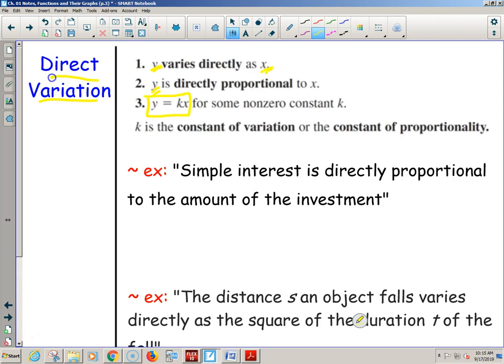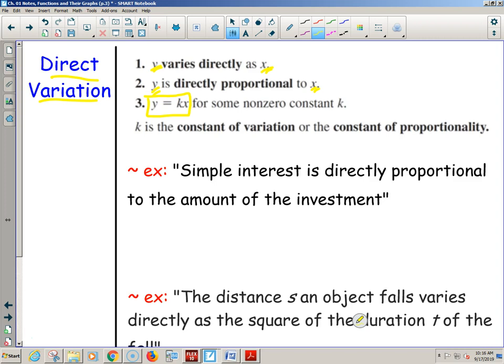Whatever's after the wording goes in the X spot with a little constant of proportionality K being multiplied. Direct variation, directly proportional to, directly varying to, varies directly. It just means there's an equation with a constant, and y equals that constant times x.